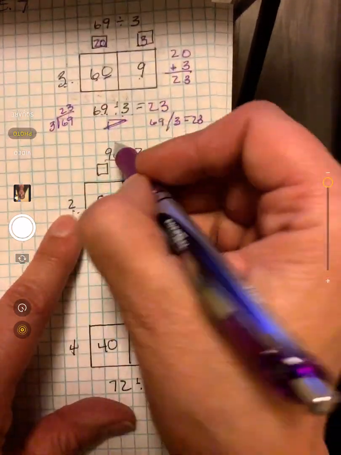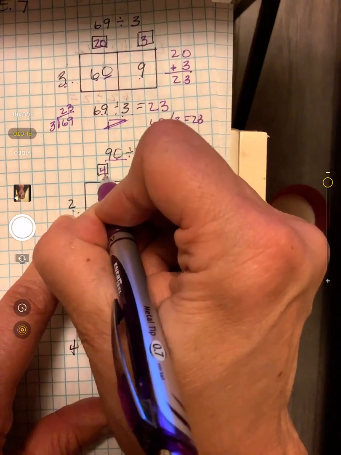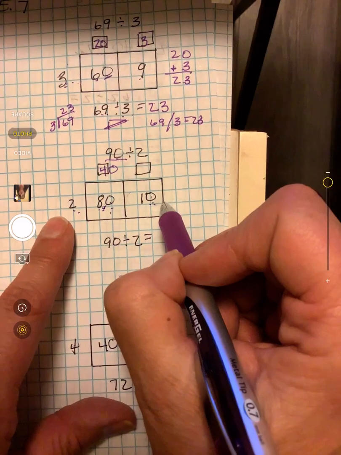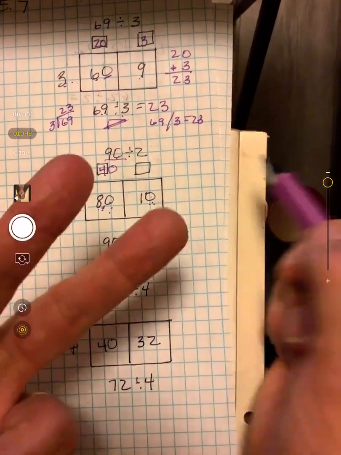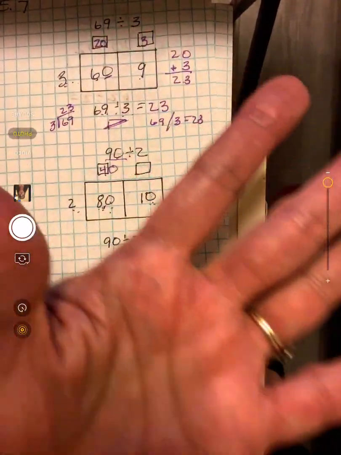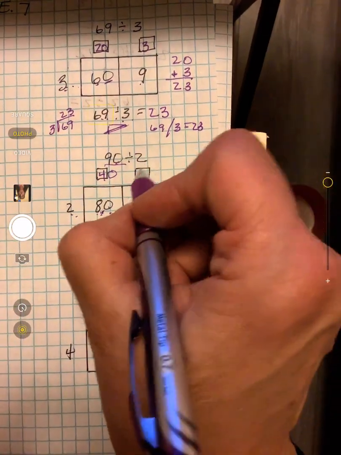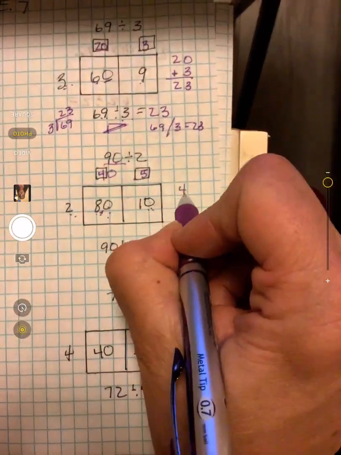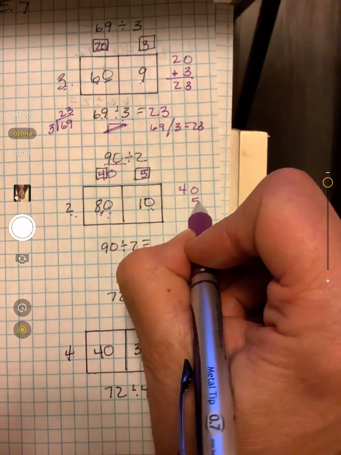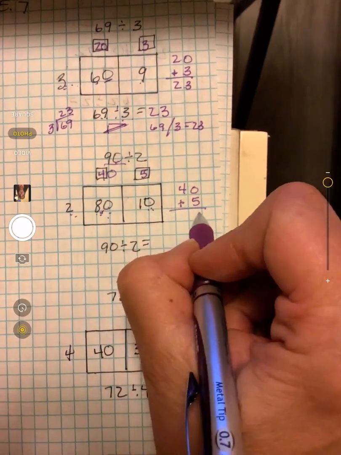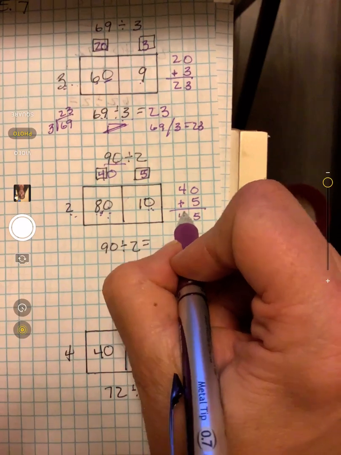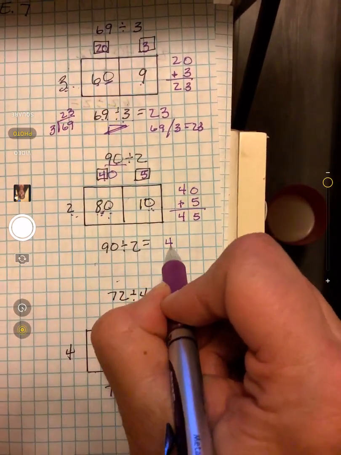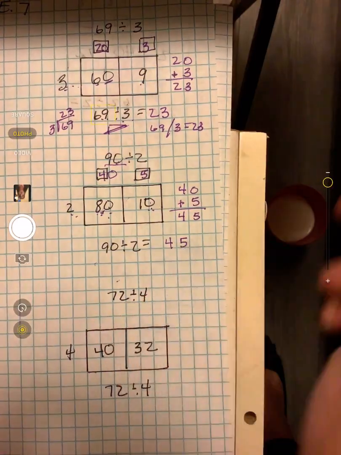So 2 goes into 8 4 times, and we put a 0 behind there, okay? 2 goes into 10, 2, 4, 6, 8, 10, 5 times. So over here I add 40 plus 5, and 90 divided by 2 is 45. Okay?